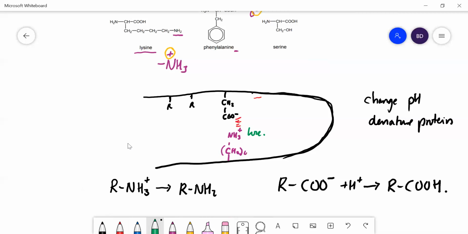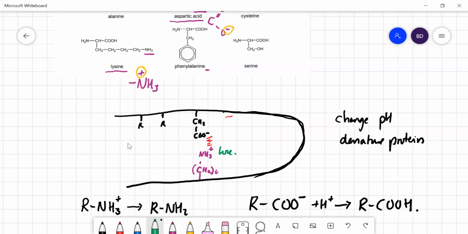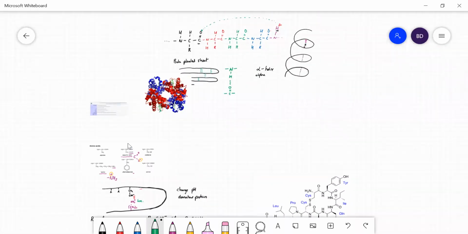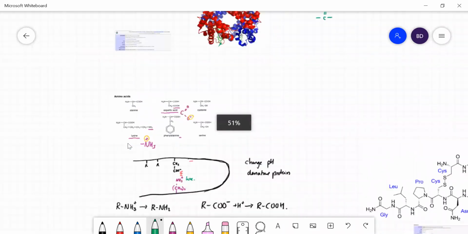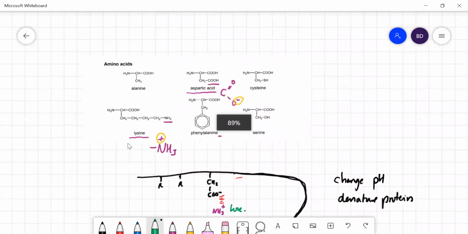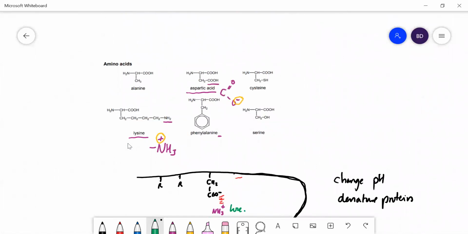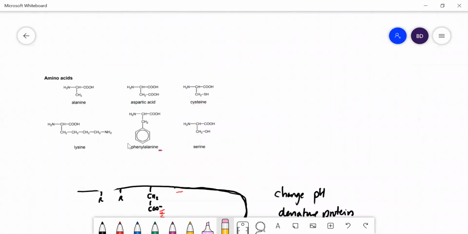Right, now there's another kind of interaction here between protein. They can actually form covalent linkages, and that's when you have this amino acid with the sulfur in it, which is cysteine there, and we briefly mentioned it in the previous video.